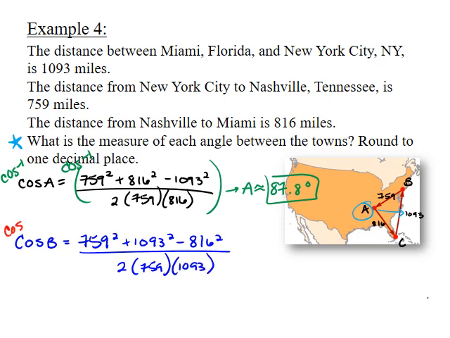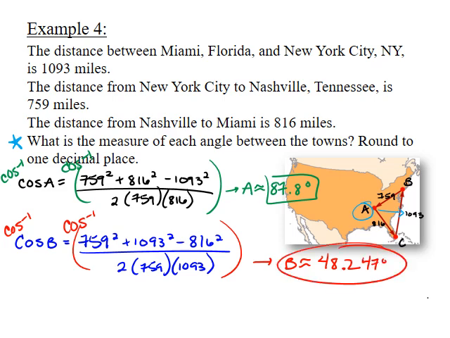Cos inverse of both sides to get B, and we'll find that B is approximately 48.247 degrees, and you can round that if needed.